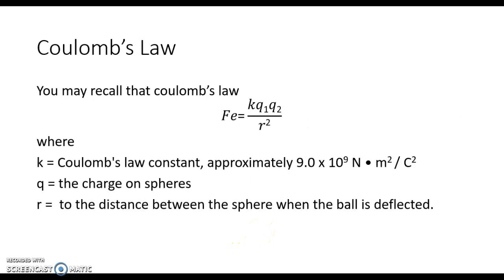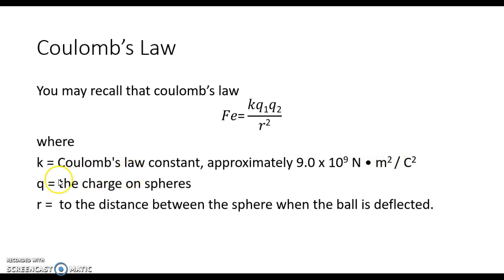Now, given that information, if you all remember Coulomb's law, Coulomb's law stated that electrostatic force, or electric force, is equal to k Q1 times Q2 divided by r squared, where k is what we call the Coulomb's law constant, which is approximately 9.0 times 10 to the 9th newton meter squared divided by coulomb squared.